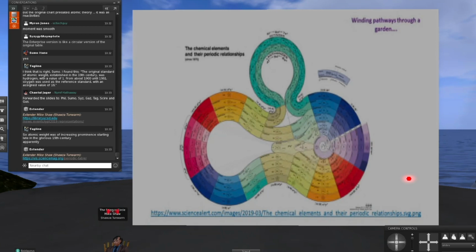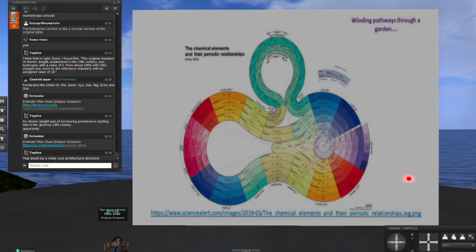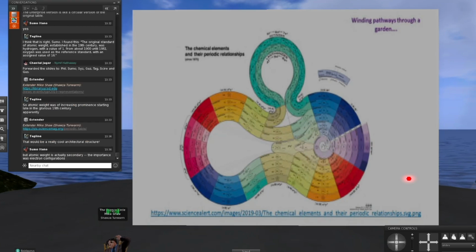Here I see three different regions, essentially a main group region, a transition metal region, and a lanthanide region. I was thinking this sort of thing could be an inspiration for a walking path through a garden or something like that for the region.